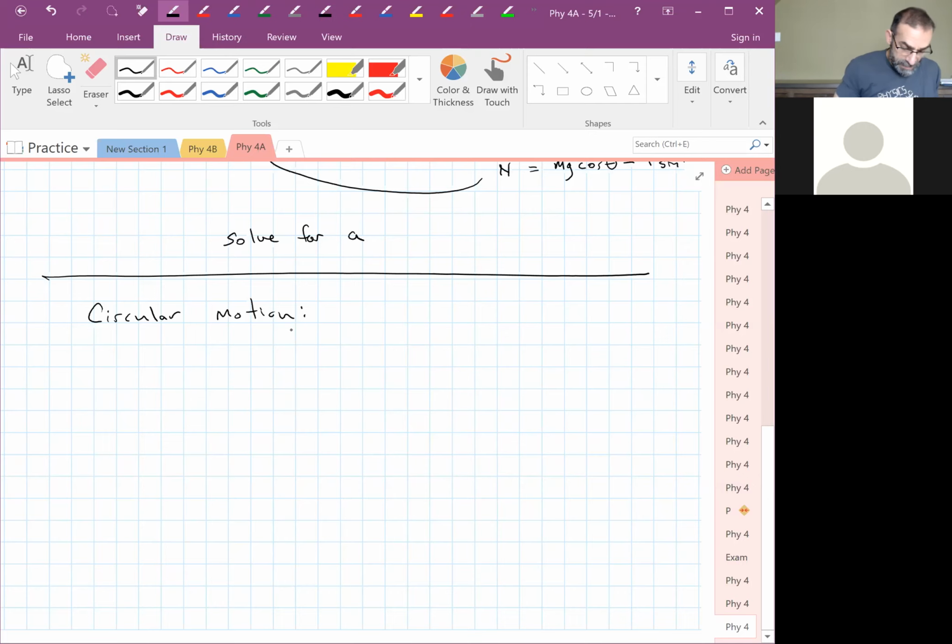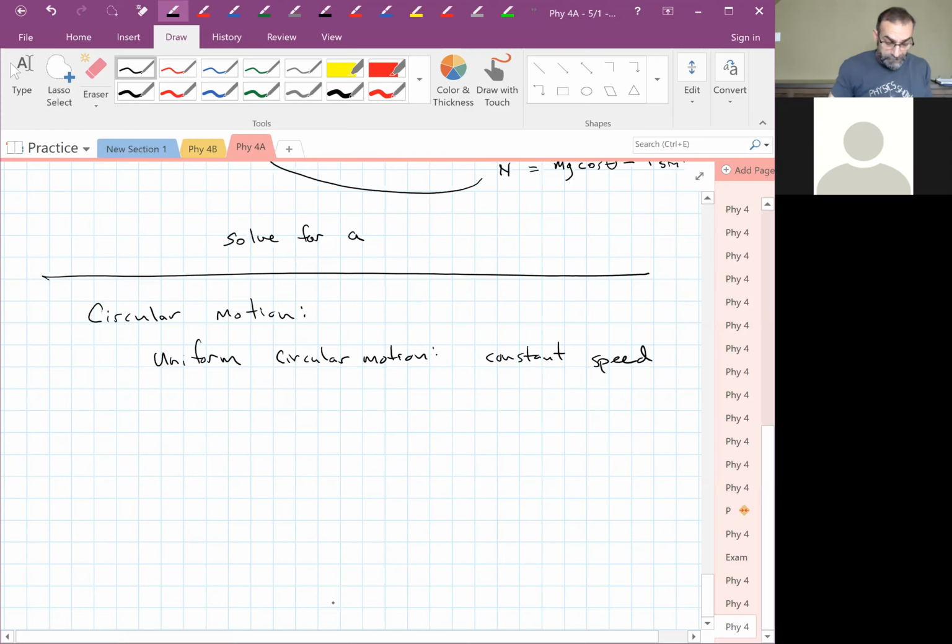So we have uniform circular motion. And that means that the speed is constant. So we have something moving in a circle.